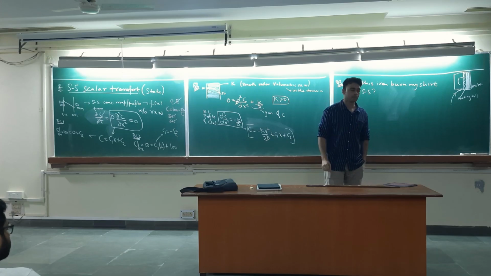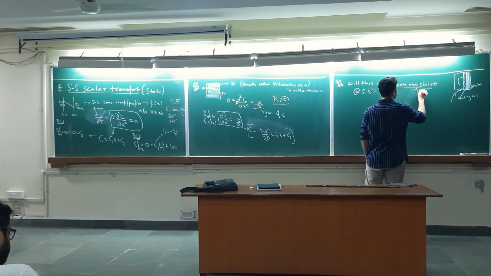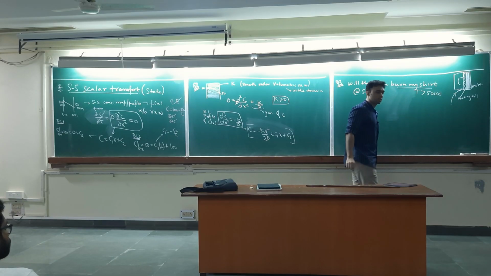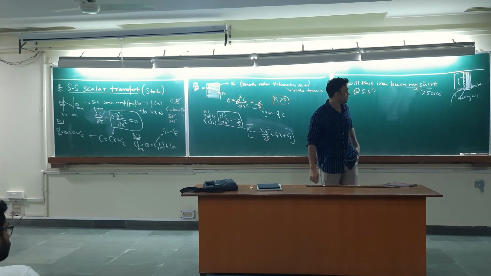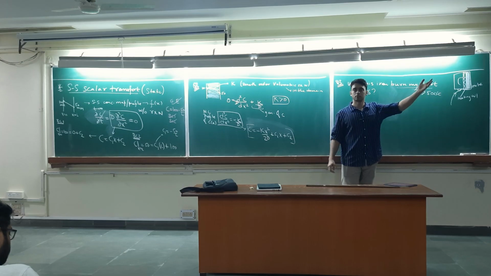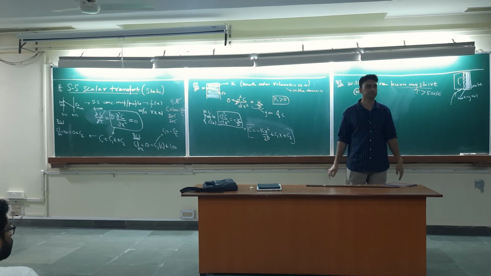My shirt burns instantly at any temperature above 500 degrees Celsius. So you let the iron be at steady state, let the temperature profile develop. You have to estimate whether the temperature is less or more than 500. Based on that, you give your recommendation on whether you can iron or not.